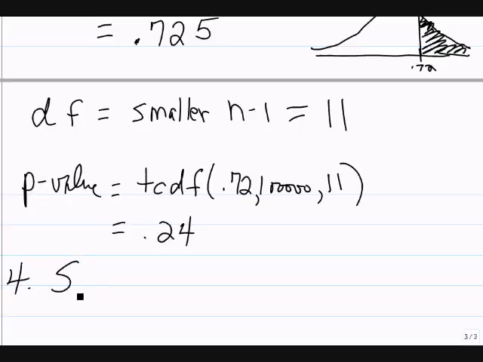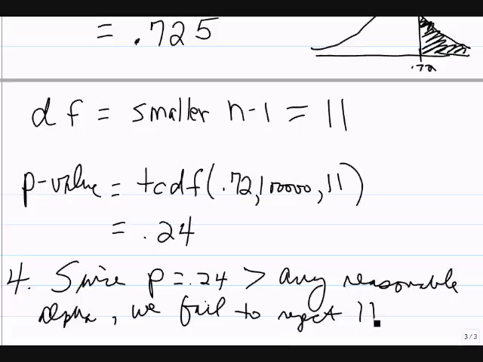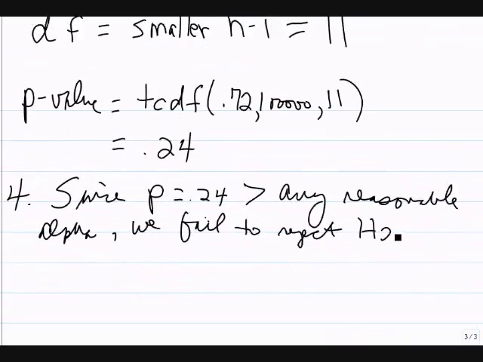All right, now, since our p-value of 0.24 is greater than any reasonable alpha, we fail to reject the null hypothesis. Therefore, what's my therefore? We do not have evidence.